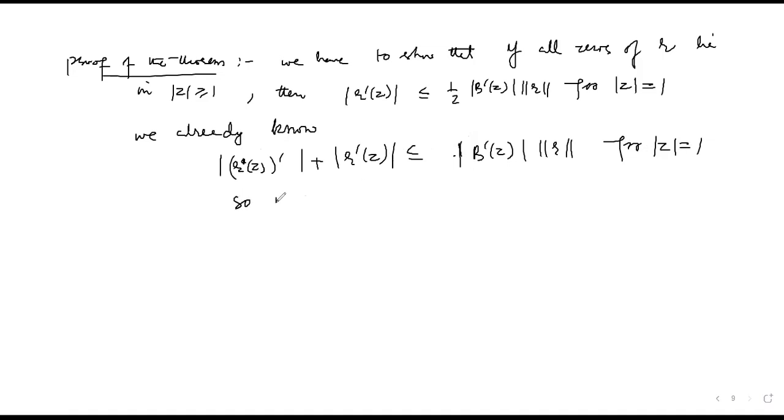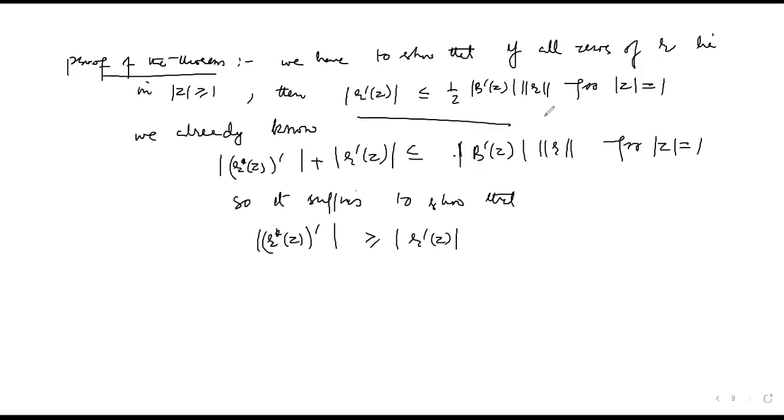So it suffices to show that, if we show this, it should be sufficient. What? If I show that the derivative of r star z is bigger than or equal to r dash z, then what will happen? You would have twice r dash z less than equal to this thing, so r dash z would be less than equal to 1/2. So if we prove this, it should be sufficient.